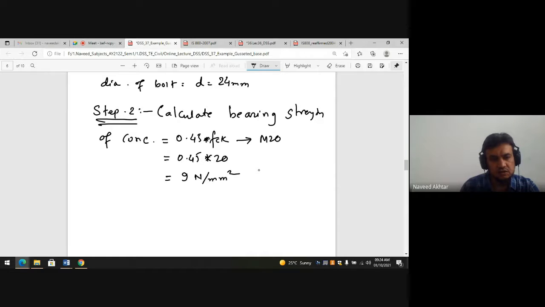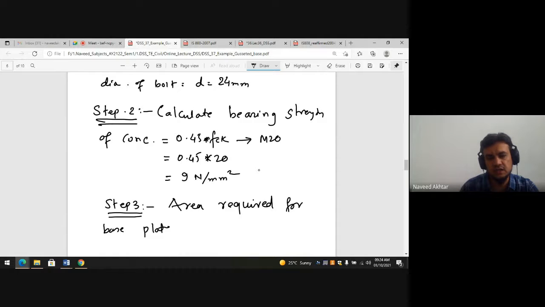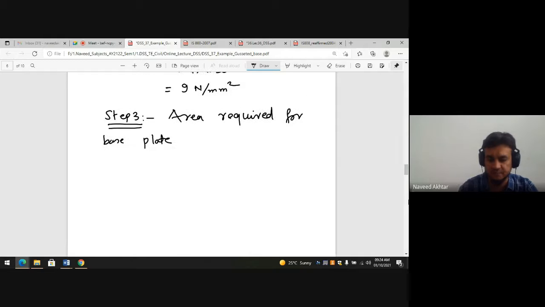Now at step number 3, you can find out the area required for the base plate. You can see here the steps are the same as in the slab base. The area required is equal to the load, 1800 kilonewton, so 1800 into 10 raised to 3 Newton, divided by the bearing strength of concrete, 9 Newton per mm square.